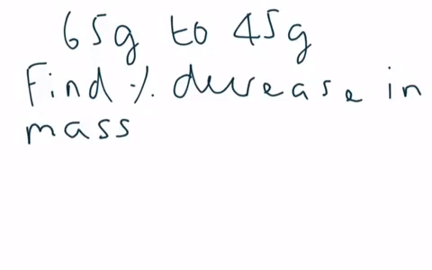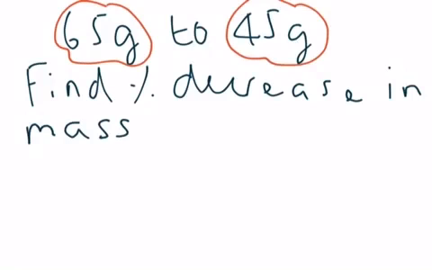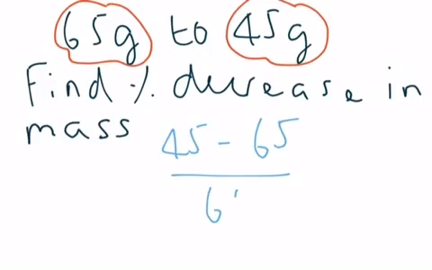Here, the new value is 45 grams, because it went down to 45. The original value is 65 grams. So we would do 45 minus the original, which is 65, divide that by the original value, 65. And then, as we're asked to find a percentage, we would times by 100.